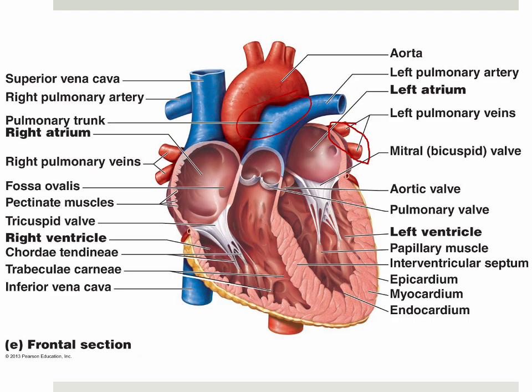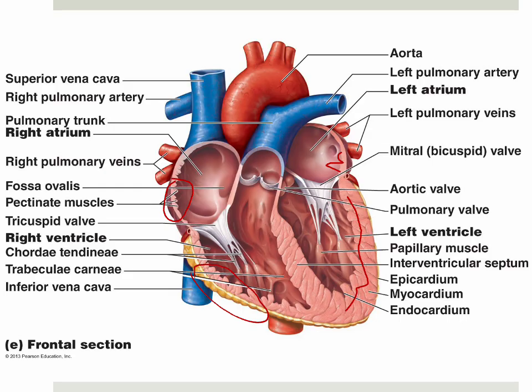So there are 4 coming from the lungs, of course 2 from the left, 2 from the right. Then as you guys see, it's just thin compared to this guy here, okay? Both sides, it's the same layer known as the myocardium, right? All this is myocardium. But it also has a little bit of pectinate muscles here, like you guys saw here, and like you guys saw here, okay?